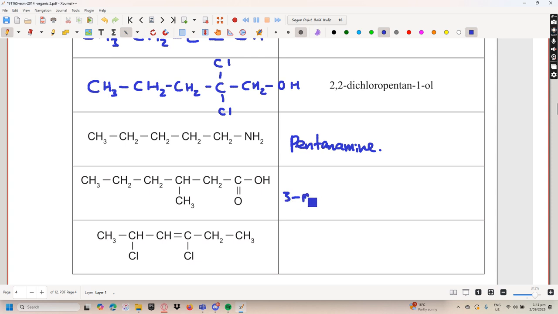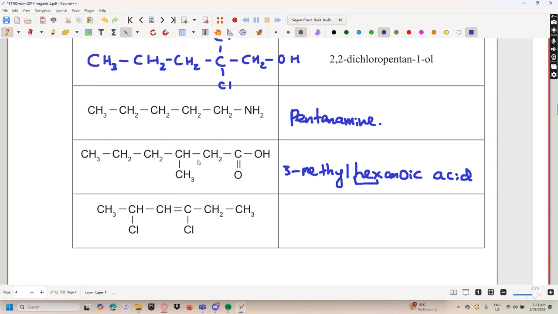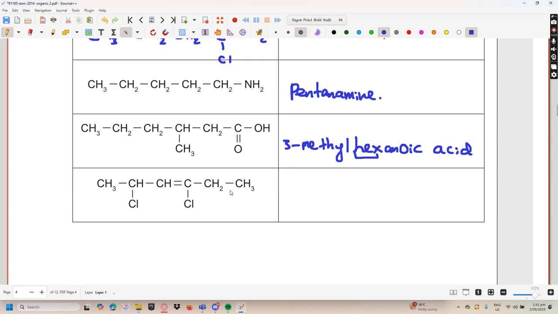So it's 3-methyl, and then 1, 2, 3, 4, 5, 6, hexanoic acid. Hex tells you there are 6 carbons in the chain. 3-methyl tells you that on the chain there's a branch at the third carbon with a methyl group. And then acid because it's an acid.